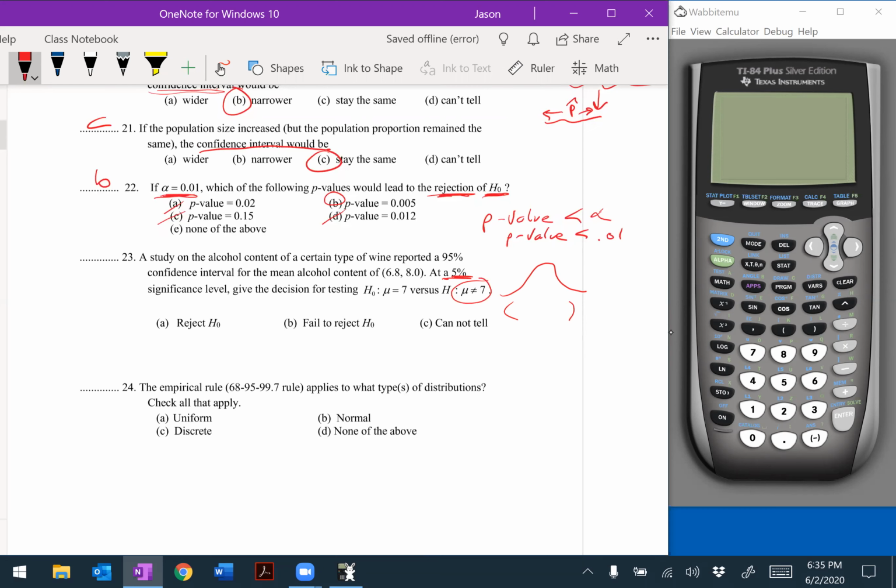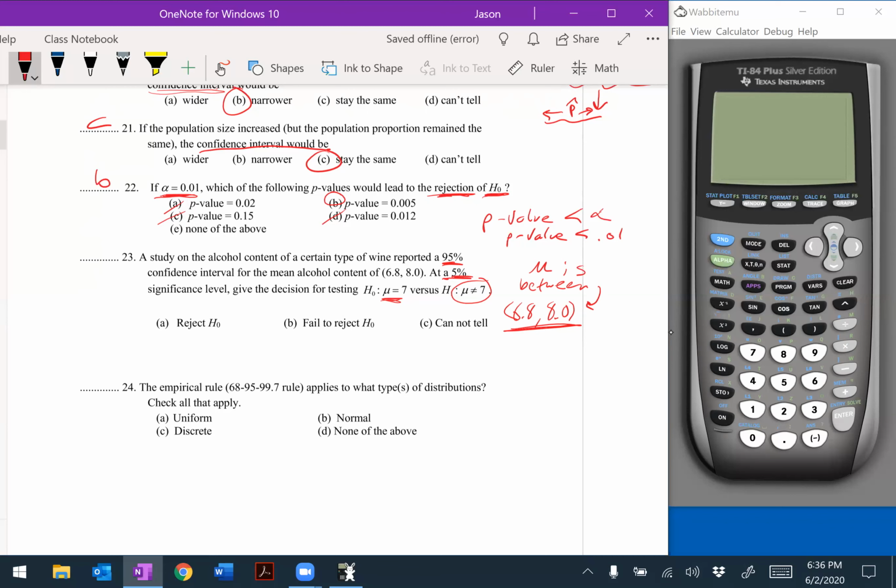If 7 is in between, then I know that there's a possibility that the mean, what the confidence interval tells me, is that there is a 95% chance that the true population mean, mu, is between 6.8 and 8.0.